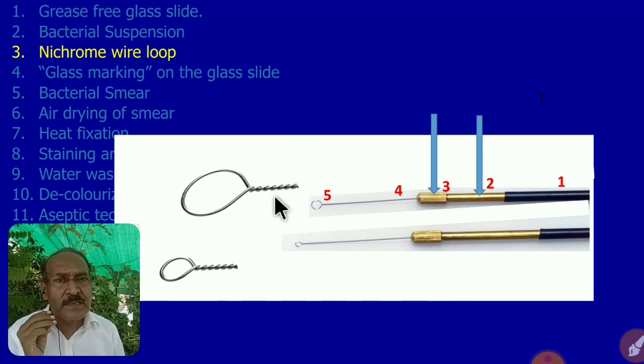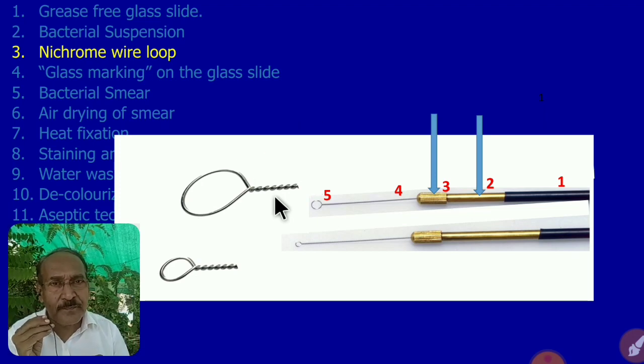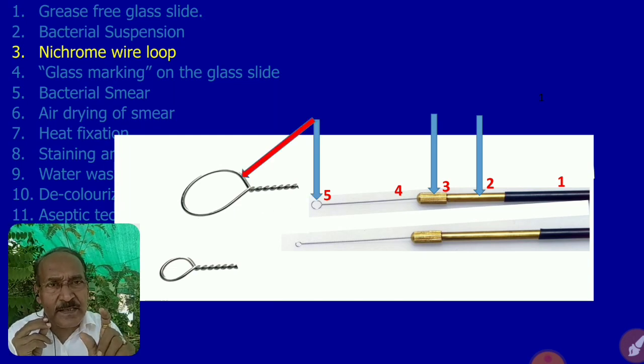There are 2 more reasons for selection of this nichrome wire. One reason is this nichrome alloy gets hot quickly and gets cooled also quickly. During microbiological practicals, we need to sterilize this nichrome wire loop.